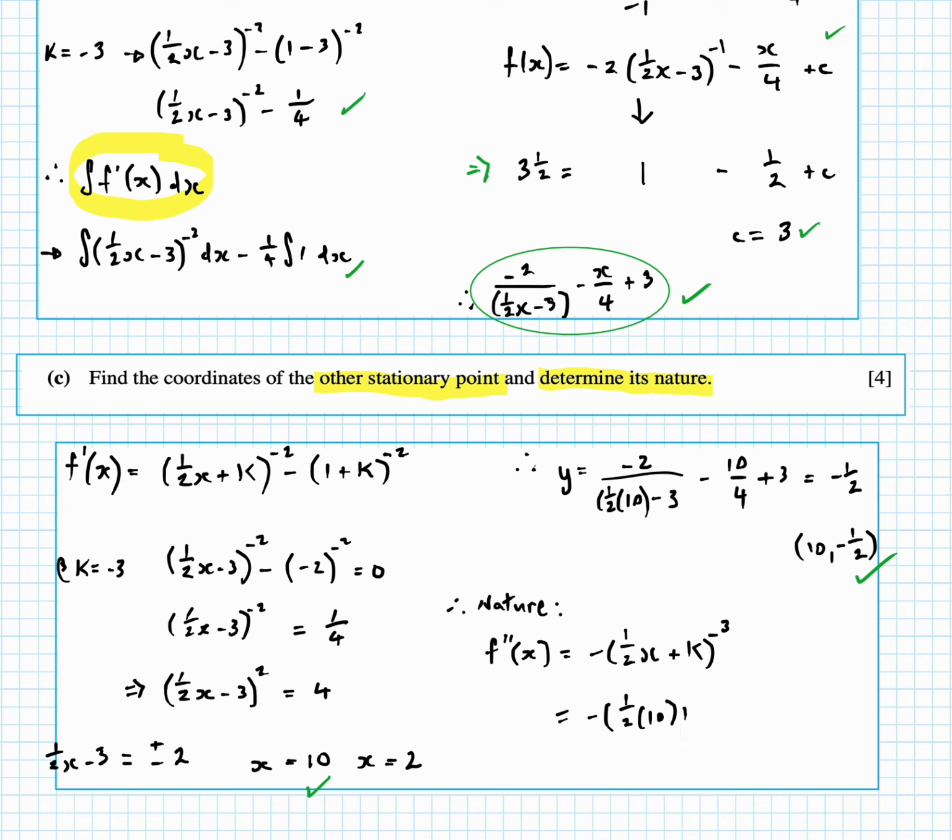So you plug in, you get -2. So it's always going to be negative. Whatever stage you notice that, simplify it down as far as you need to go. So it's less than 0, it's negative. So your nature is a maximum. And that was the last question for October 2021, Series 3.